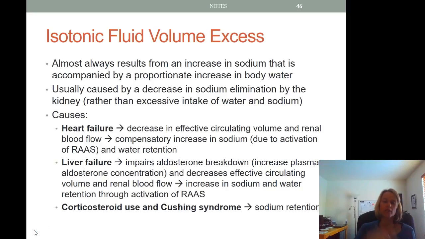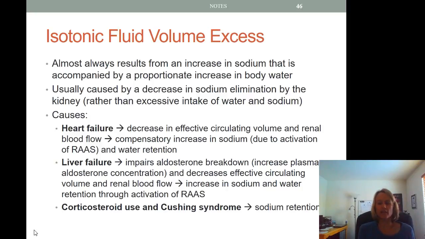So with heart failure, we have decreased effective circulating volume because the heart's not able to pump blood well throughout the body. And that causes a decreased renal blood flow, and that is going to cause activation of the renin-angiotensin-aldosterone system and water retention.